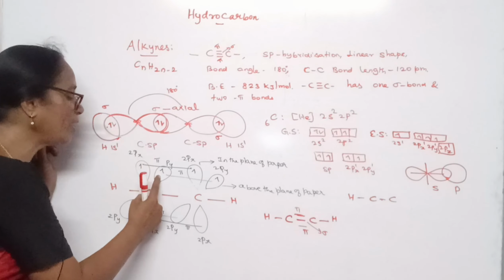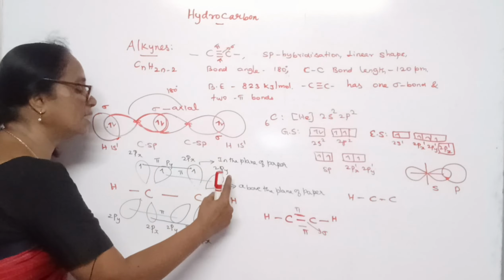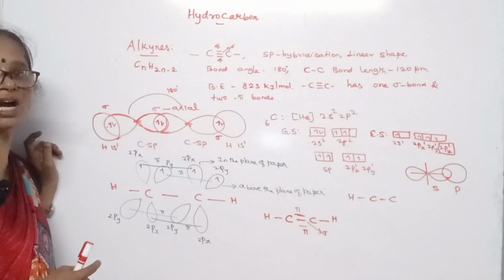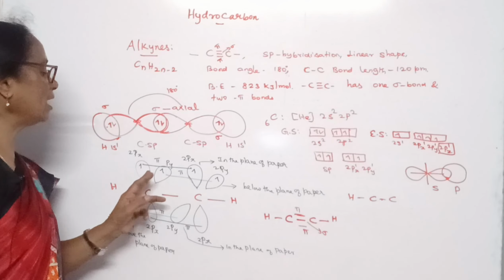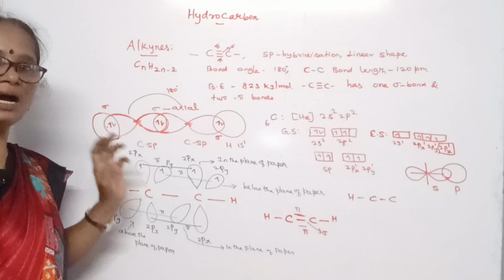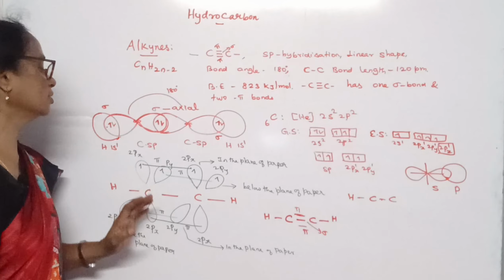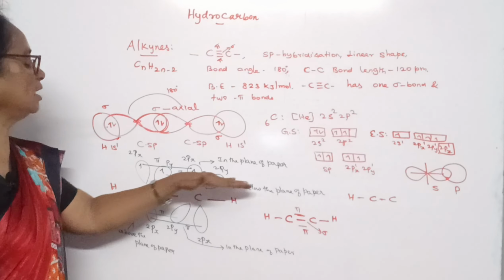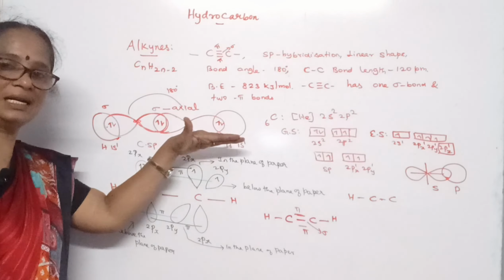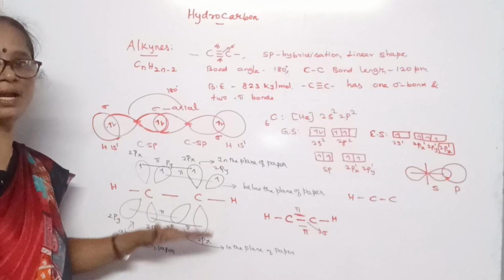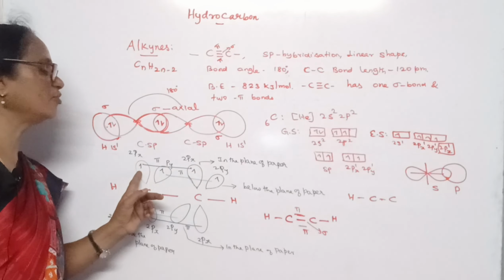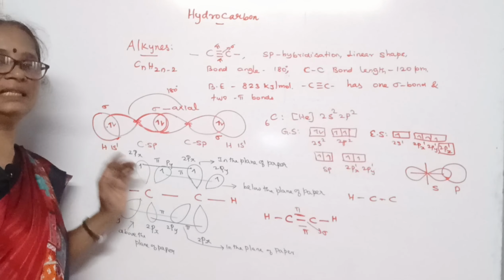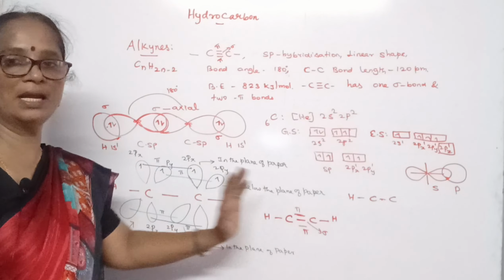Similarly, the 2py orbital of the first carbon overlaps with the 2py orbital of the second carbon. In the side-wise overlapping of the 2py orbitals, one half lies below and above the plane of the paper, but the side-wise overlapping of the 2px orbitals lies in the plane of the paper.